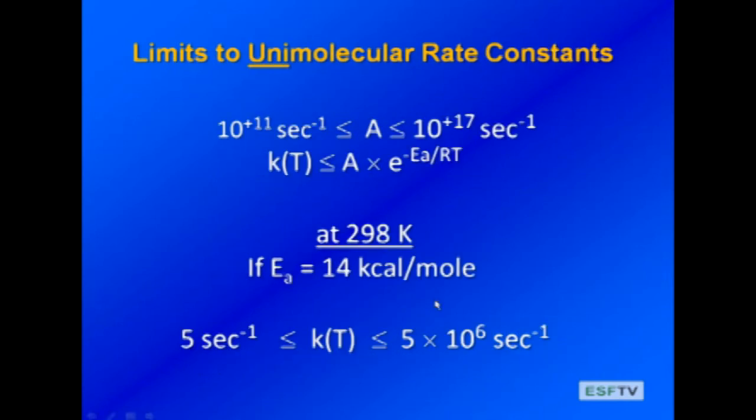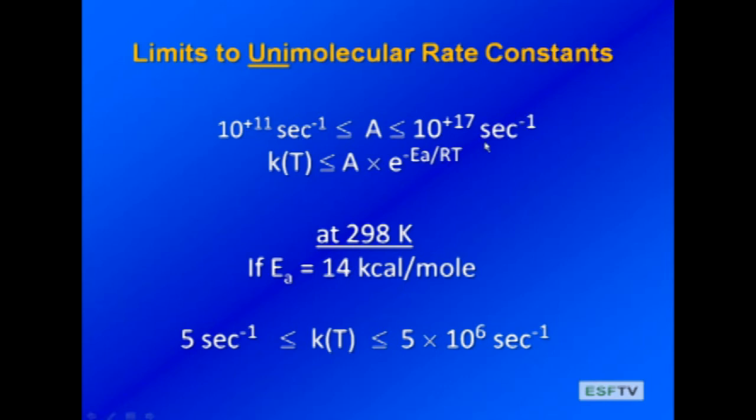When it comes to unimolecular reactions, we can get at upper limits as well, but we can also get at rough estimates. So the Arrhenius pre-exponential factor for unimolecular reactions is typically within this broad range of 10 to the plus 11 to 10 to the plus 17 in units of seconds to the minus 1.